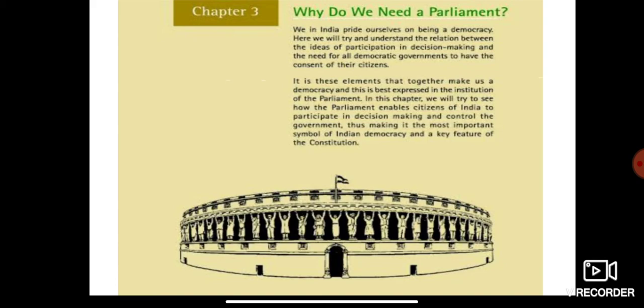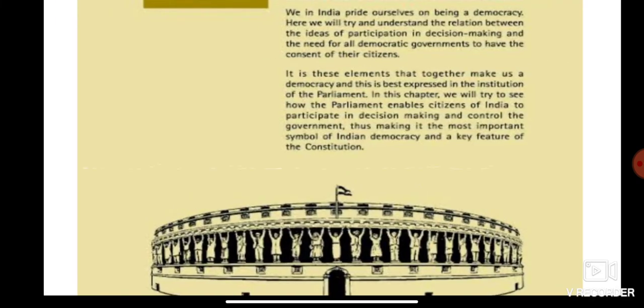We in India pride ourselves on being a democracy. Here we will try to understand the relation between the ideas of participation in decision making and the need for all democratic governments to have the consent of their citizens. It is these elements that together make us a democracy, and this is best expressed in the institution of the parliament.